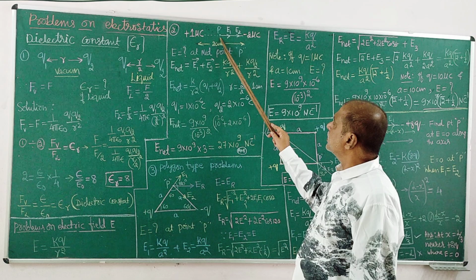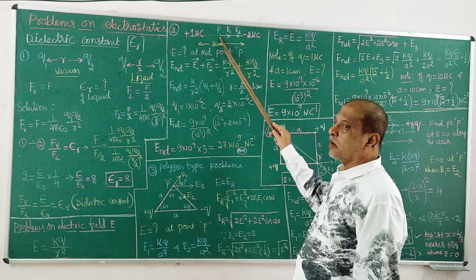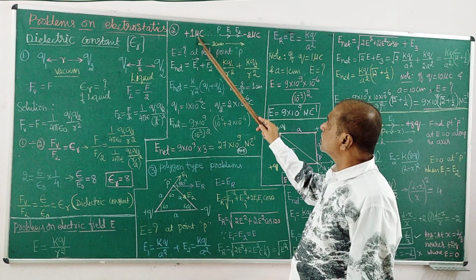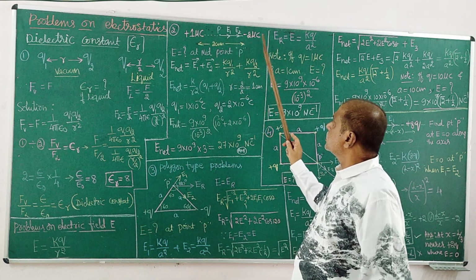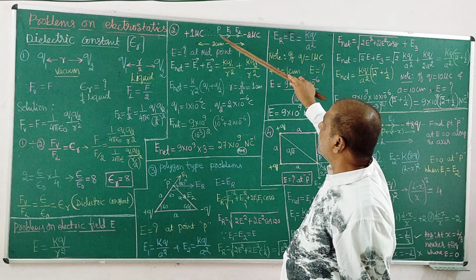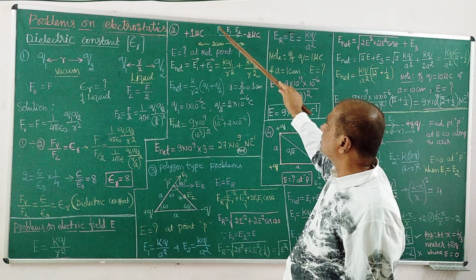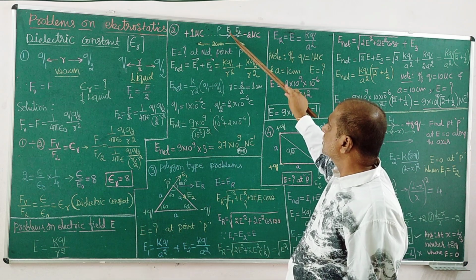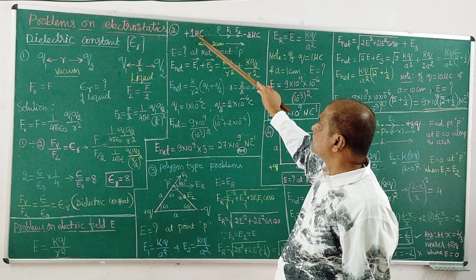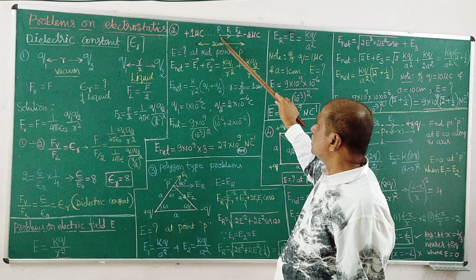First, look at the point. At this point, two electric fields are operating: electric field due to this charge and electric field due to this charge. The electric field at this point due to this charge is E1. Direction is this, because there is a repulsion between this charge and the point.